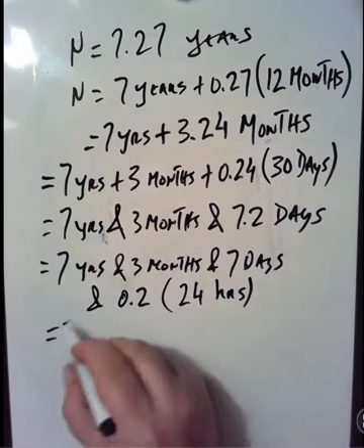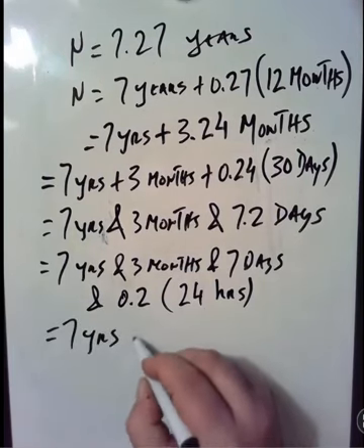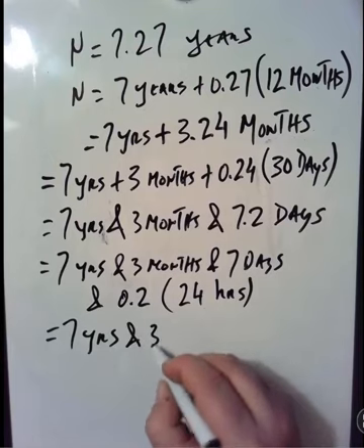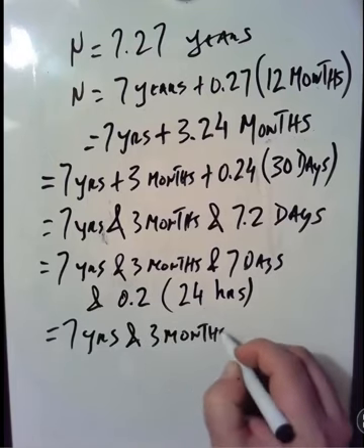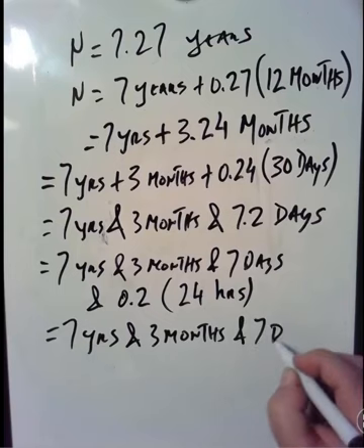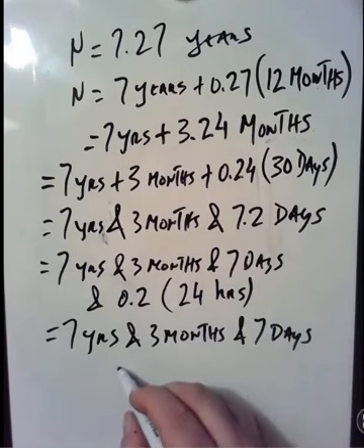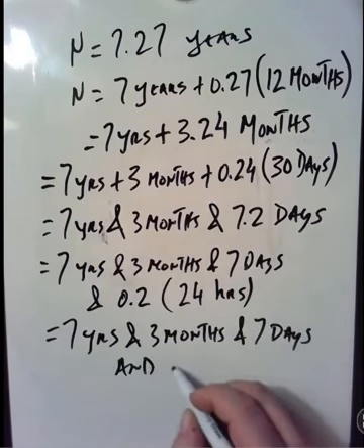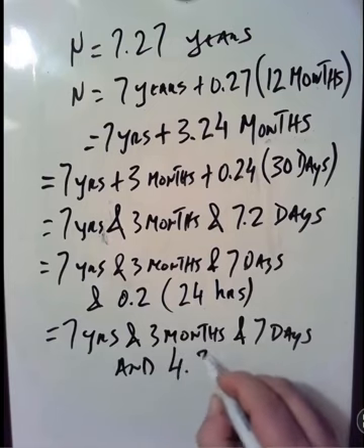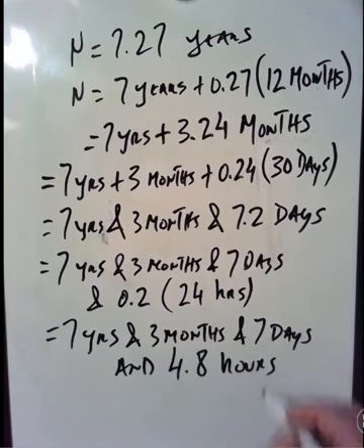So 7 years and 3 months and 7 days and 4.8 hours. You can go to minutes, seconds, milliseconds.